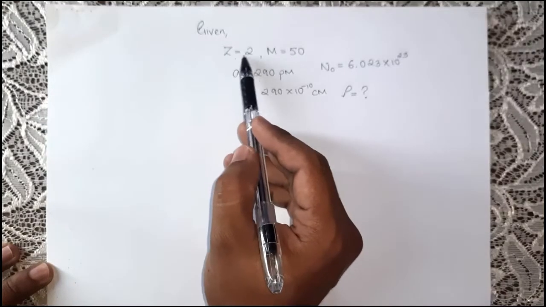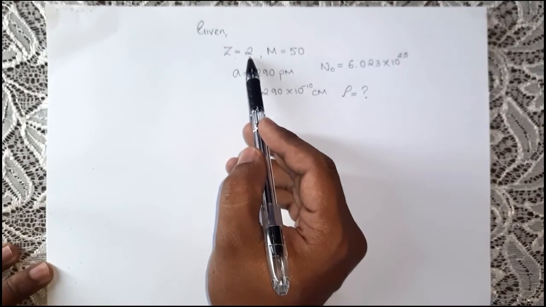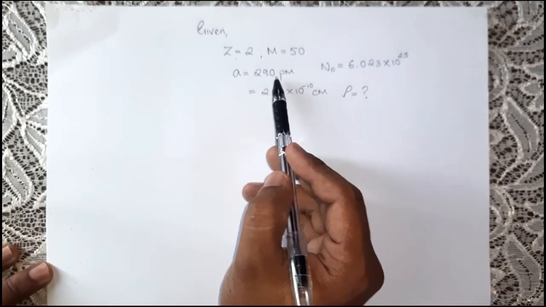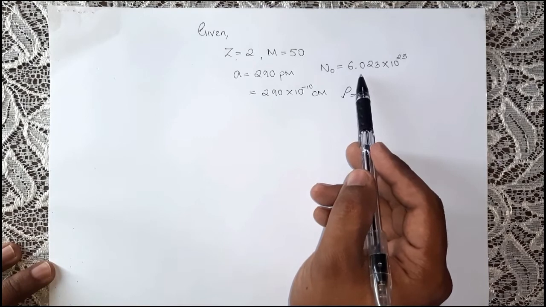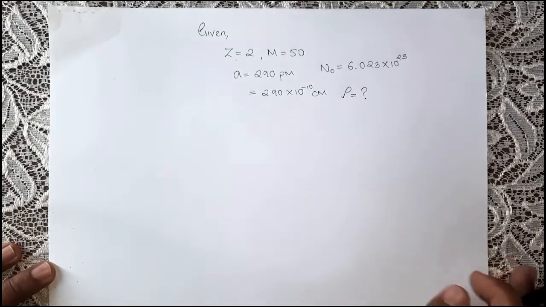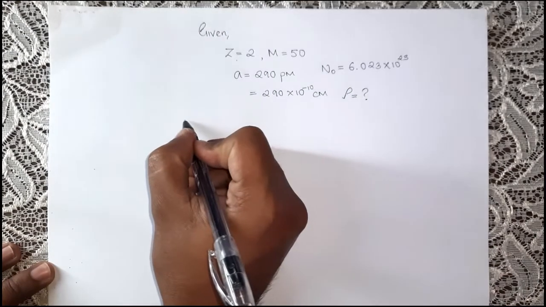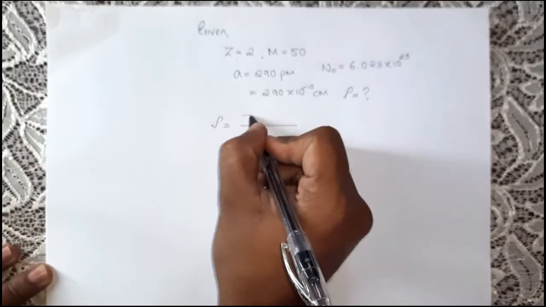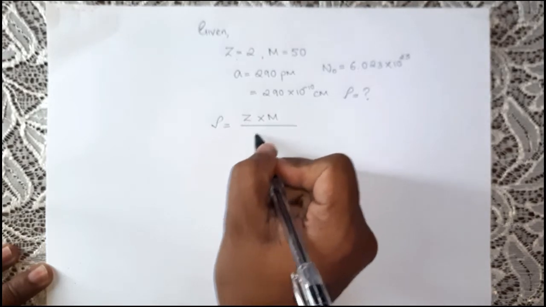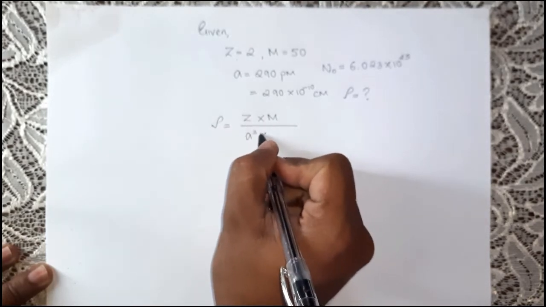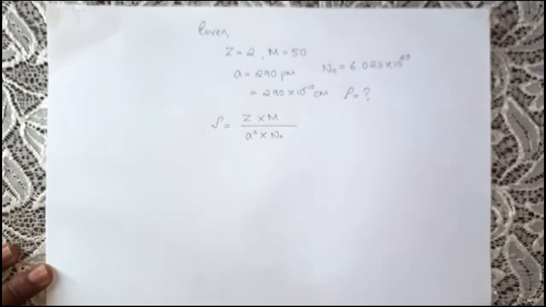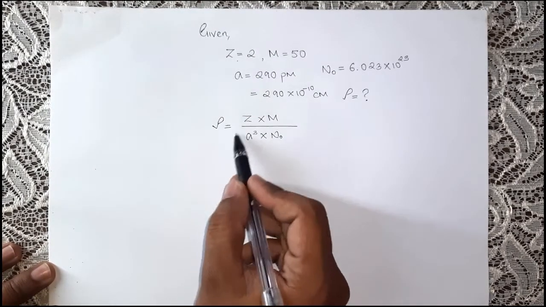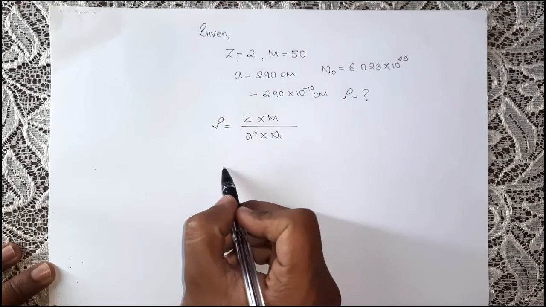Since it is BCC, we have Z is equal to 2, atomic mass is 50, A is your edge length, and N naught is your Avogadro's number. So we can just write the formula: Z into M divided by A cube into N naught. Since we're supposed to calculate the density, we don't need to rearrange the formula.